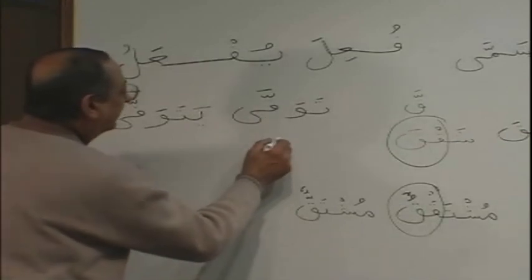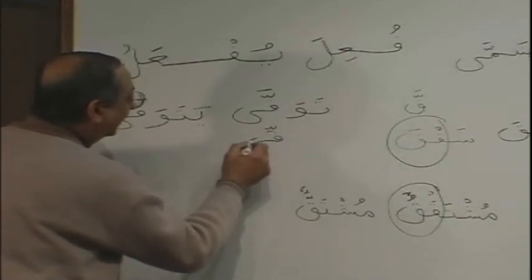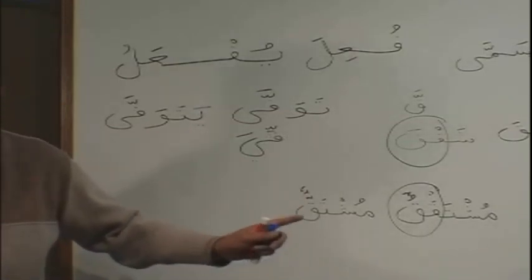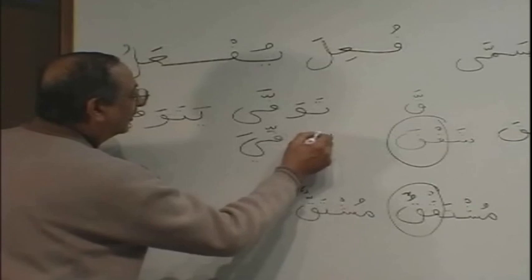Now, if I make it majhul, first will be my ain kalima, and then the ya will come out. And what will happen to Tawa? How many dhammas? All of them, because they are all mutaharrik. There is no waw, no sukun. So it will become Tuwuffiya.